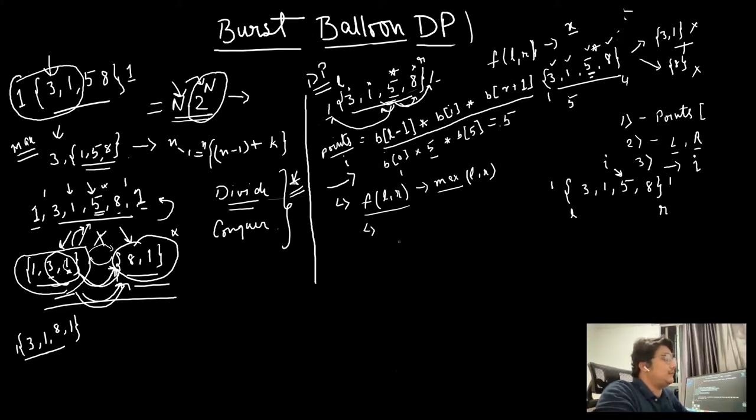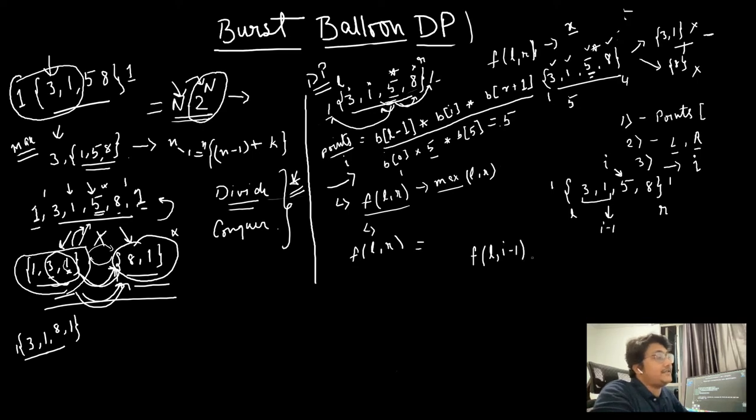So if we want to solve for, let's say, L and R, what are the things we need to consider? We are calling this subproblem for the left half, which is 3 and 1. So if you try to see what is the L and R value for the left half, the L remains the same, but the R becomes, what is this? This is I minus 1. Okay. So this problem has a subproblem of f of L and I minus 1.